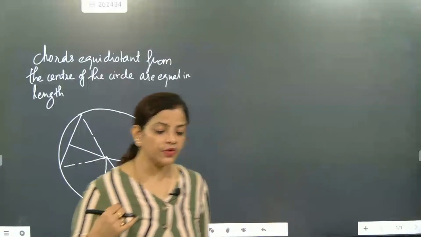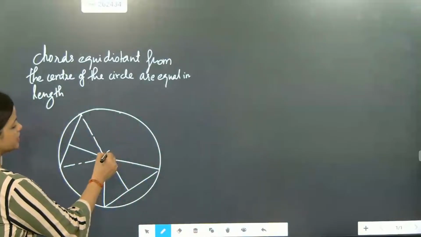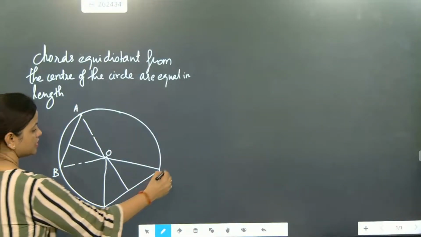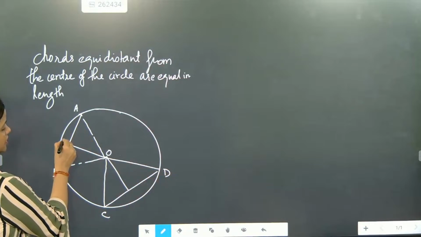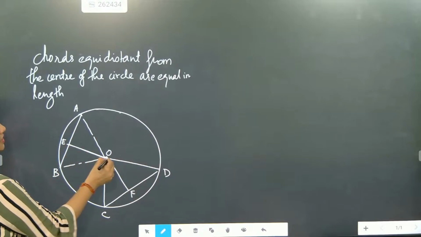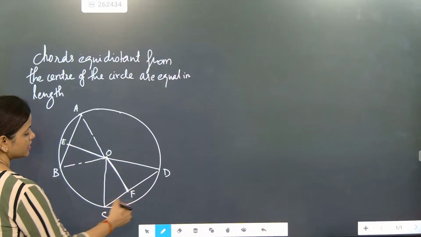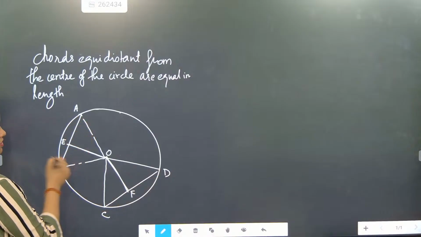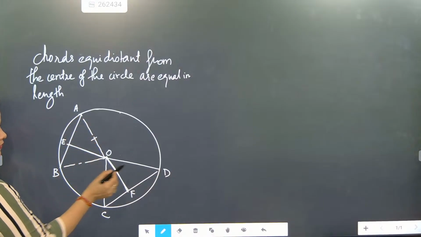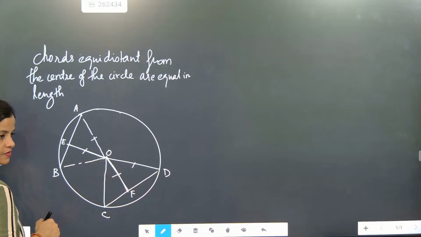Chords equidistant from the center of a circle are equal in length. This is the center of the circle. This is A, this is B, this is C, this is D, this is E, and this is F. Now, beta, they are telling us OE is equal to OF, given. What we need to prove here is that this side is equal to this side. So definitely this part will be equal to this part. This is equal to this, already given.